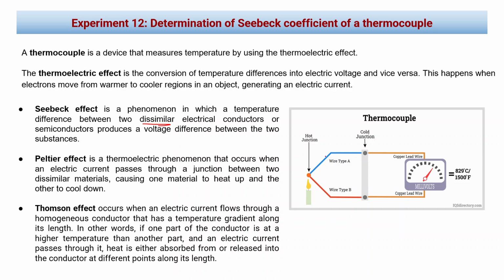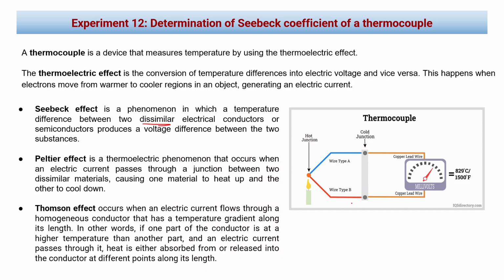So depending on the thermal conductivity of these wires, in one wire the electrons will be able to move fast, in another they will be slow, and where they move faster there will be lower potential energy. Imagine in this one the thermal conductivity is higher, the electrons are moving faster and they all accumulate here, so there will be negative charge here.